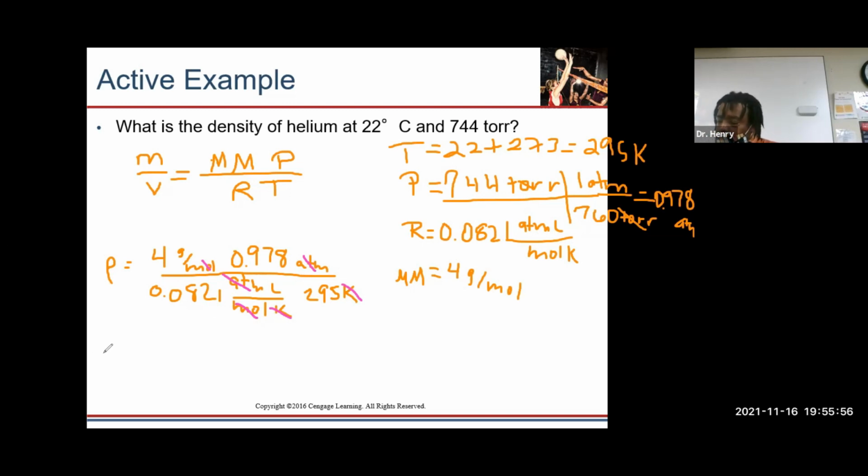So the density, rho, is going to be 0.162 grams per liter.